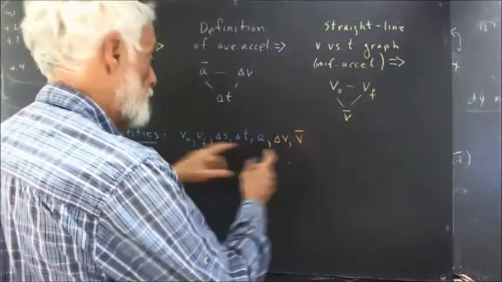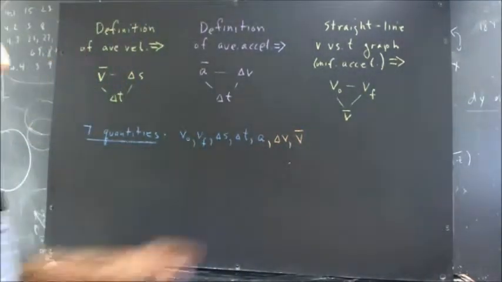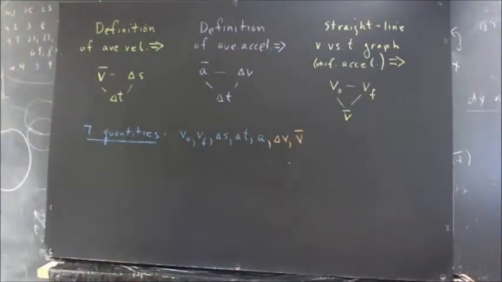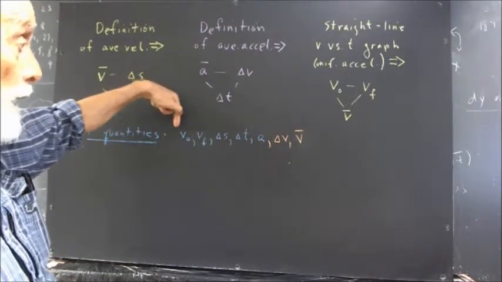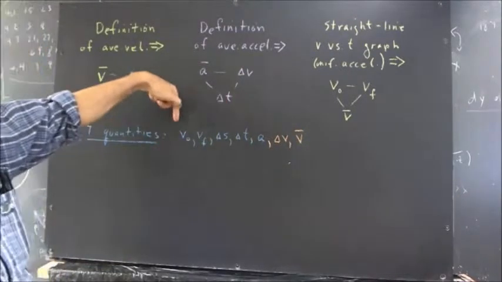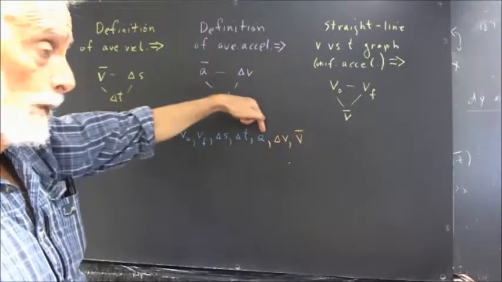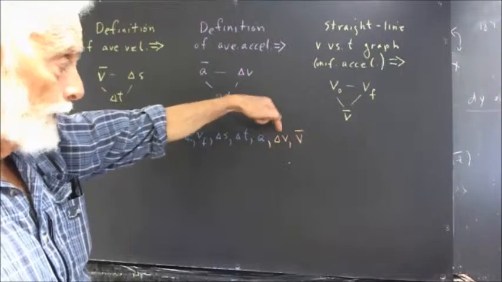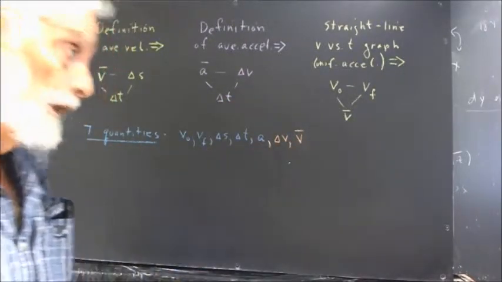We're not counting these among them. We could throw these in, but then the idea wouldn't be as simple. And it's going to turn out that we can completely model uniformly accelerated motion. We can write equations that model uniformly accelerated motion in terms of these 5 quantities. And these 2 quantities are related when we try to understand what everything means.